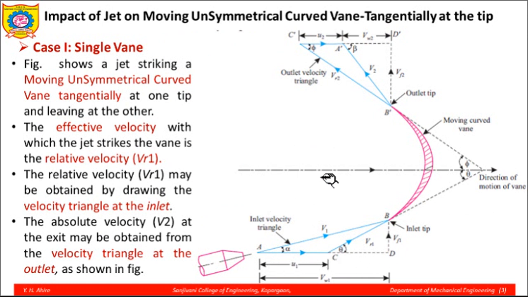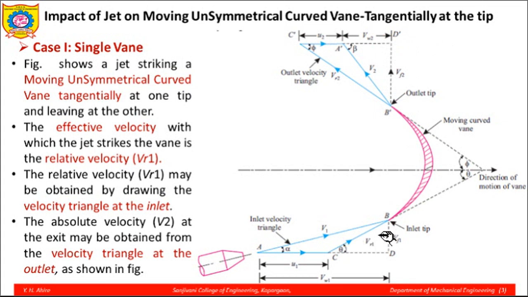The vane is moving in the positive x direction, so this is the direction of motion. V1 is the absolute velocity of the water jet at the inlet, and this makes an angle alpha with the direction of motion of the vane. V2 is the absolute velocity of the jet at the outlet of the vane, and this also makes an angle beta with the direction of motion.